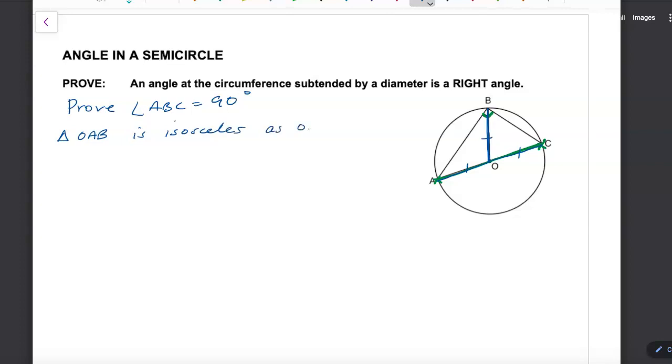That's because OA and OB are equivalent because they are the radii of the circle. So I'm going to let angle OAB and OBA, because they're going to be equal, represent x. I'm going to call this angle x and angle x.